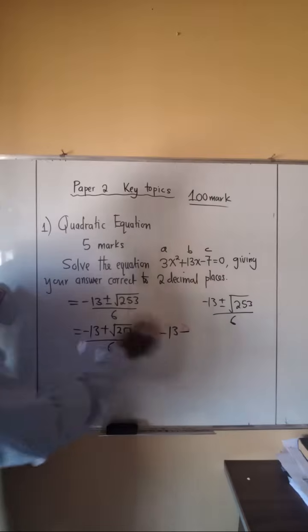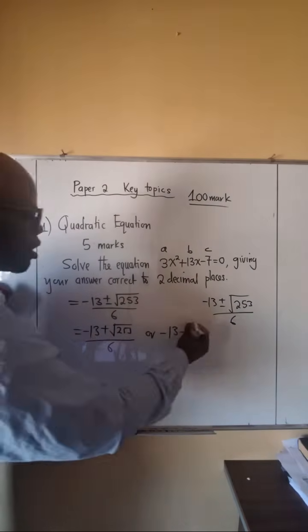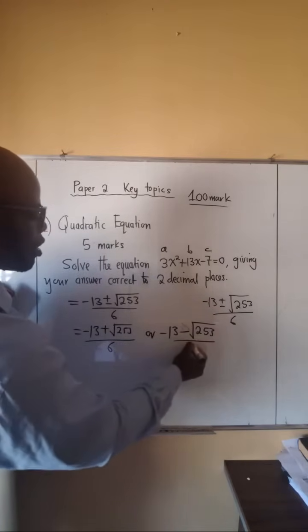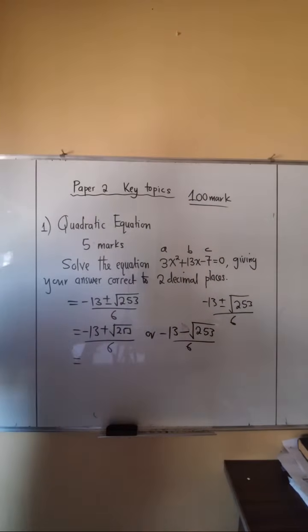Now look at this. Here we've got plus or minus. So here it will be plus. The next one will of course be a minus, 253 over 6. So there you can punch on your calculator negative 13 plus root of 253.